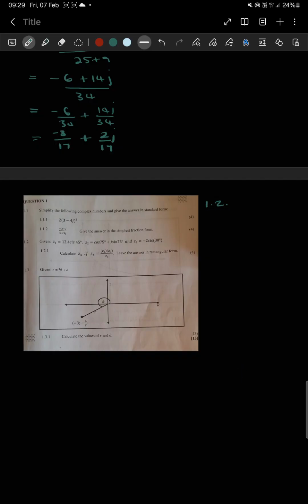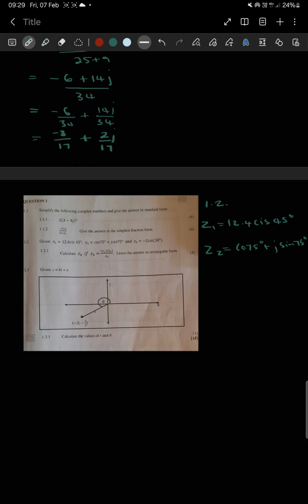We are given that Z1 is 12,4 cis 45 degrees. Z2 equals cos 75 degrees plus j sine 75 degrees.